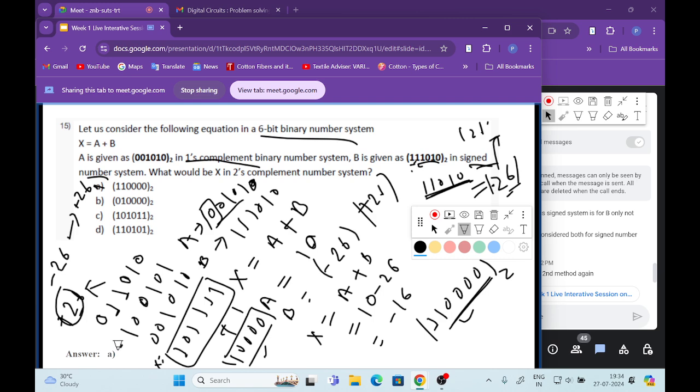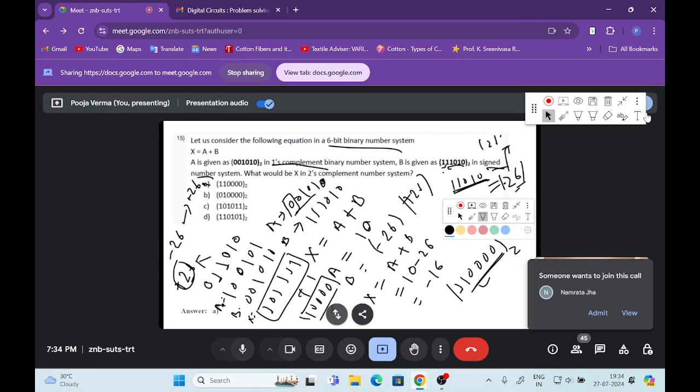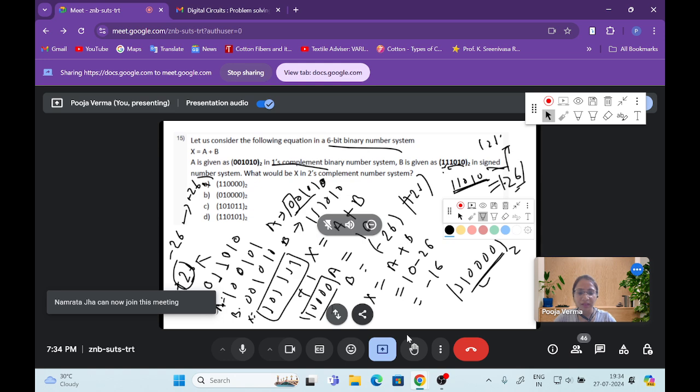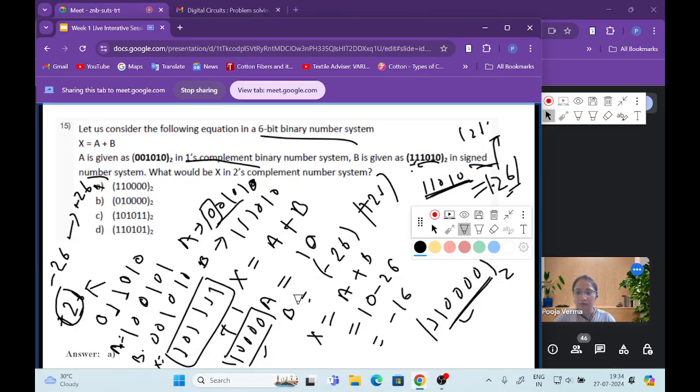Now A is ones complement and B is already given in ones complement form, so nothing to do with B. Add both A and B. When you add A and B in ones complement form, you get ones complement of A plus B, that is X.